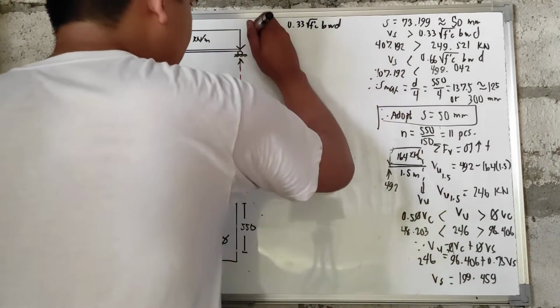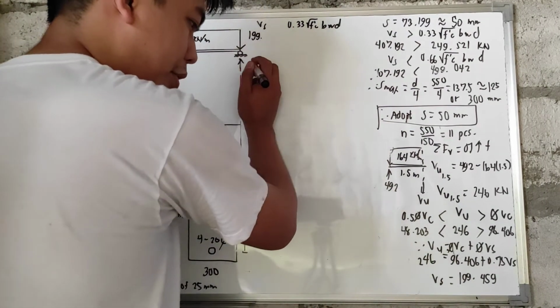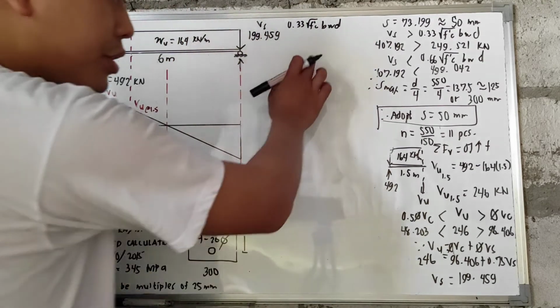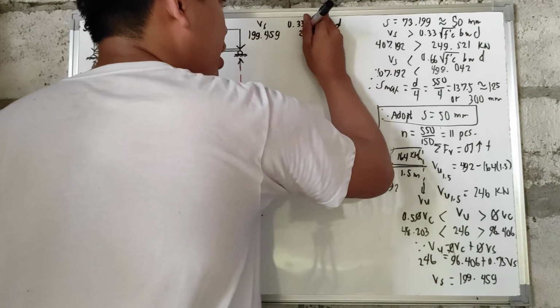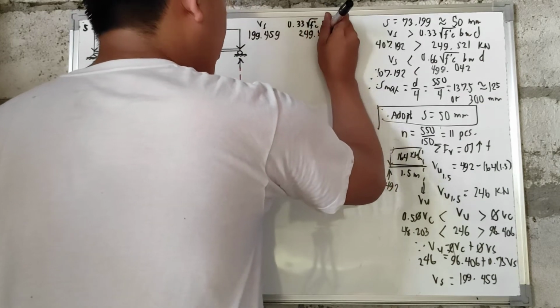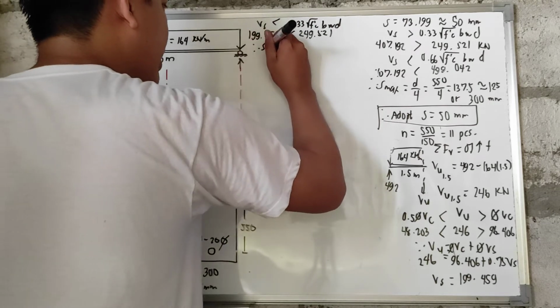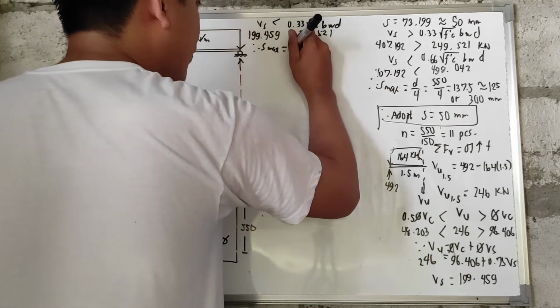Yung VS natin, that is 199.459. I-compare natin siya sa 0.33. Ito yung nakuha natin kanina na 249.521. Since less than yung VS, yung value ng S max natin, that is D over 2.